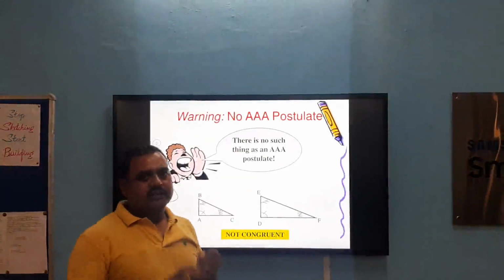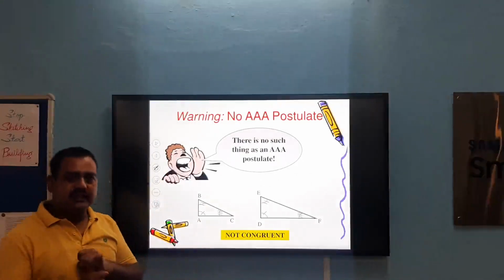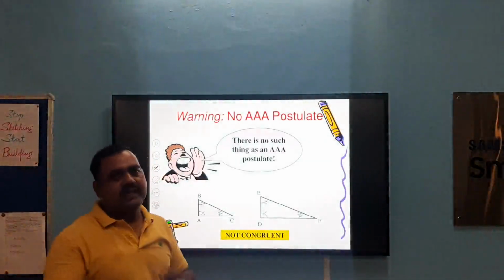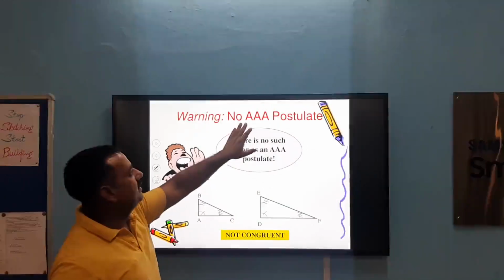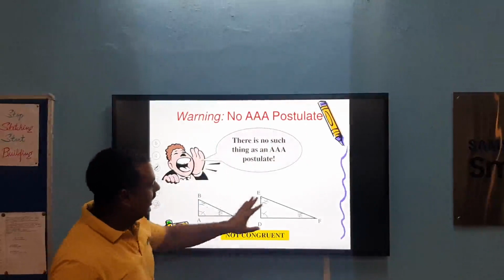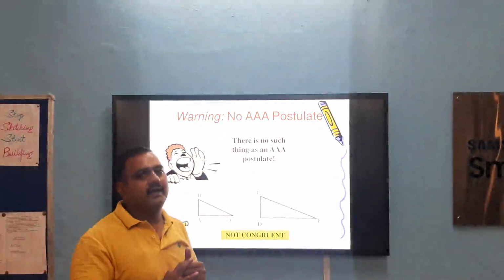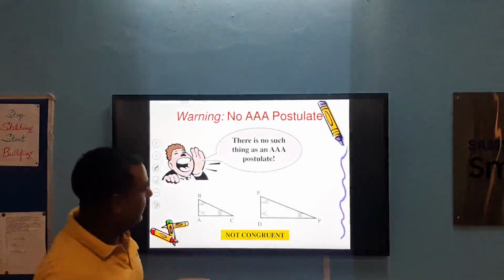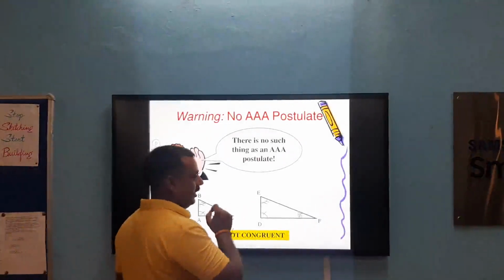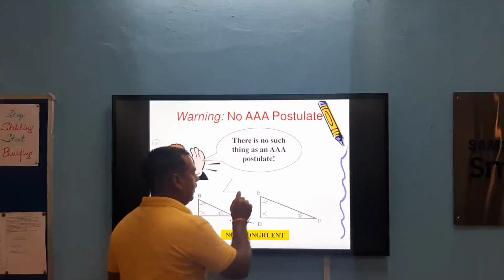Similarly, just like side, side, side, the first congruency criterion we learned, there does not exist any criterion named angle, angle, angle. If in any two triangles all three angles are equal to one another, we cannot say that the triangles are congruent, because we'll take a very simple example of an equilateral triangle.